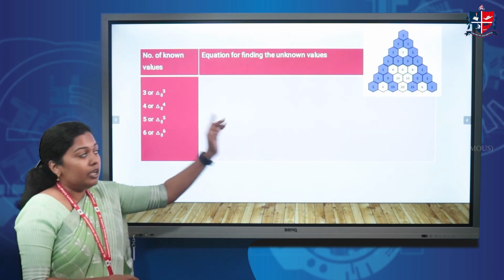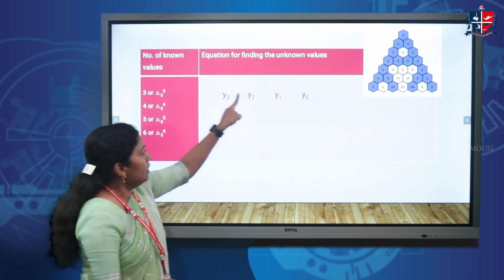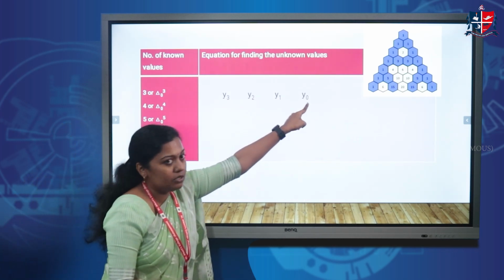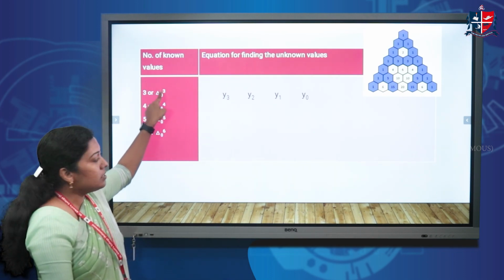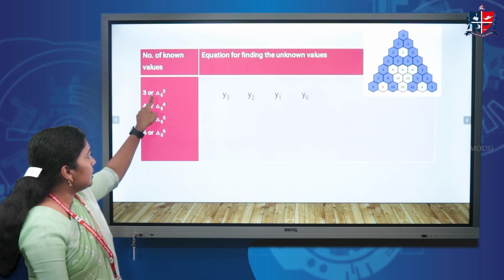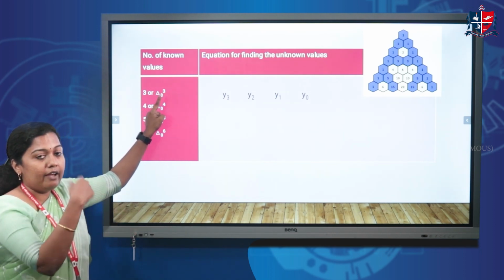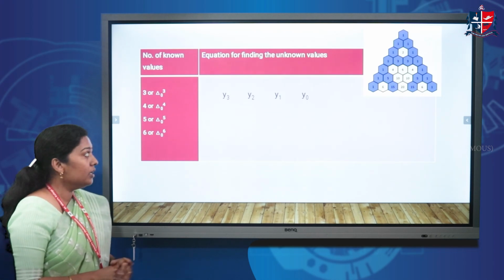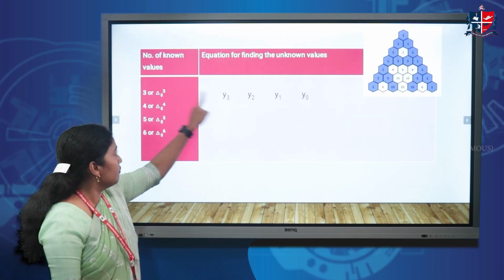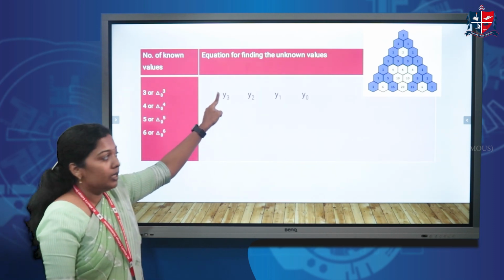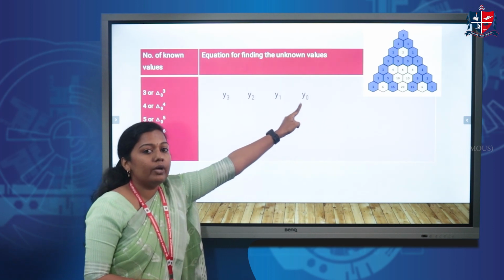Starting with y3, y2, y1 and y0, leaving some space in between, you have to write it.